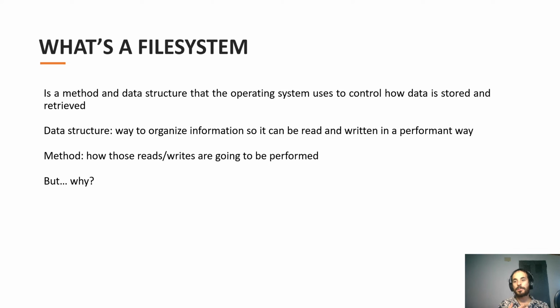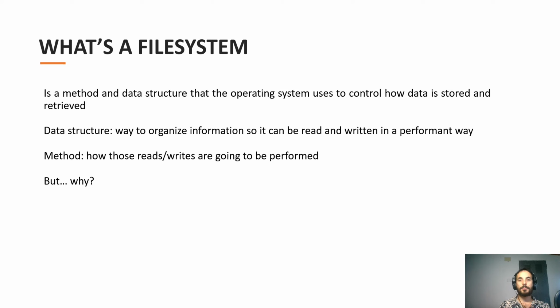It's going to be exposed to the user, how the user, or other components in the operating system or other programs, can ask to write or read. So those tasks are the ones that the file system does.